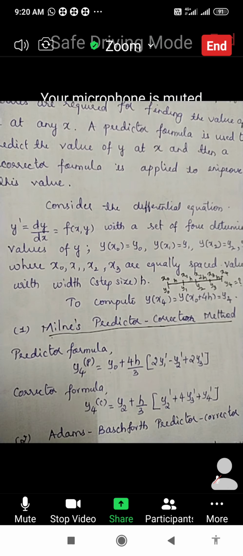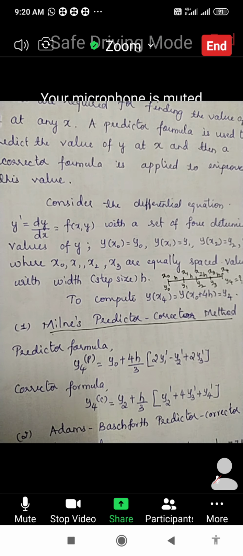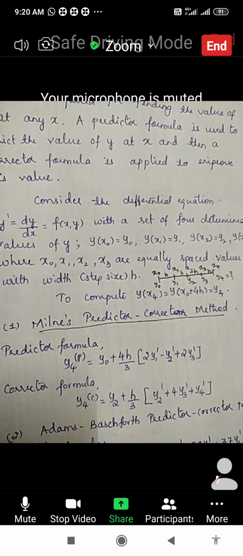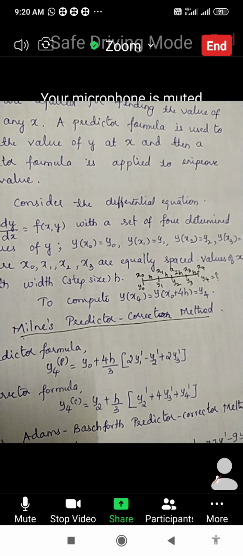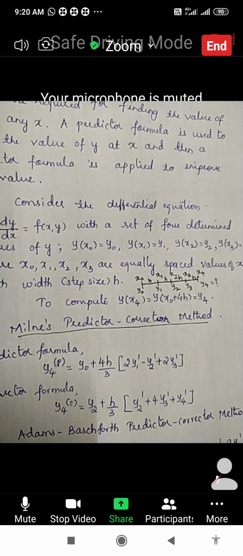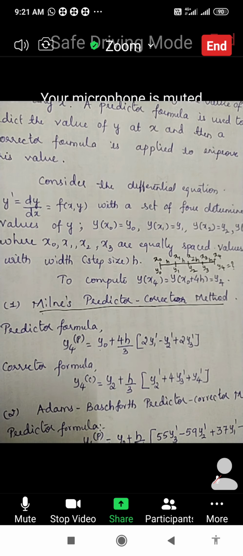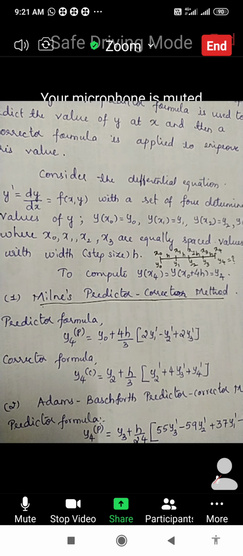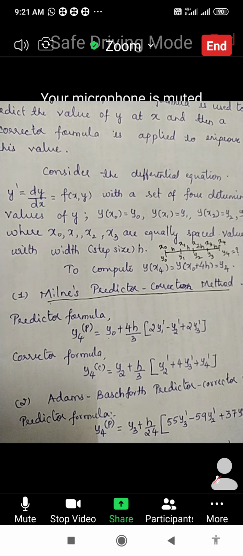By the predictor formula, the predicted value of y4 is given by y3 plus h by 24 into bracket 55 y3 dash minus 59 y2 dash plus 37 y1 dash minus 9 y0 dash. Then we apply the corrector formula to get the correct answer, y4 to the power bracket c.